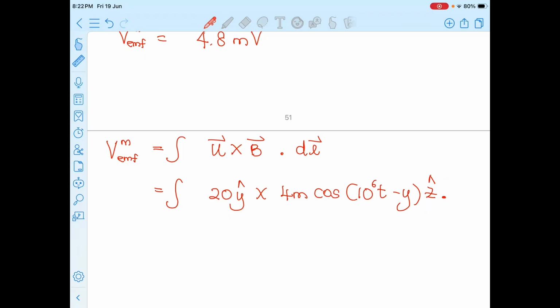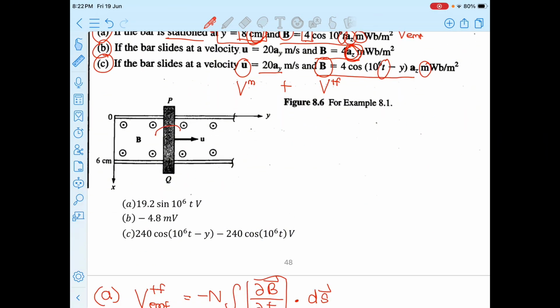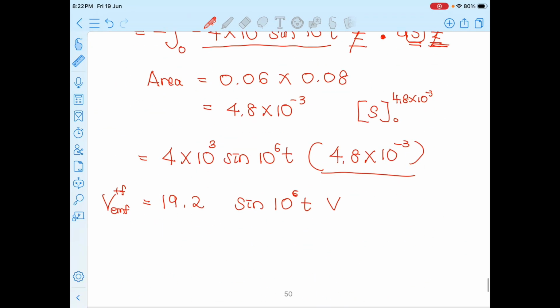The dl stands for the length of the sliding bar, so I will put it as this. We will integrate from 0 to 0.06, according to the direction of the current flow. Remember, your forefinger will be going in to generate an opposite direction magnetic field, so your thumb will be pointing this way. So you integrate from 0 to 6 centimeter.